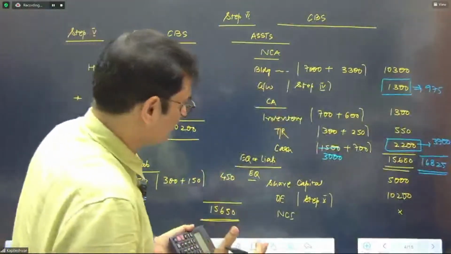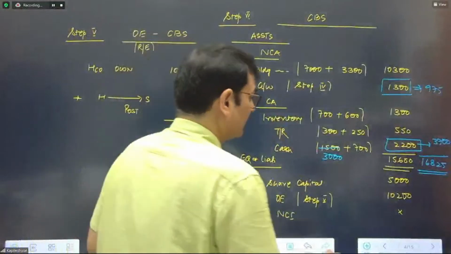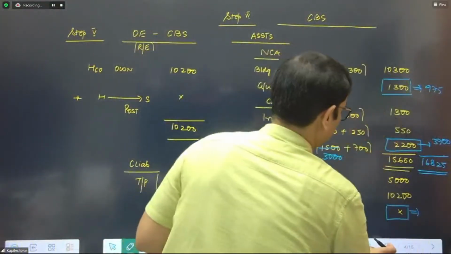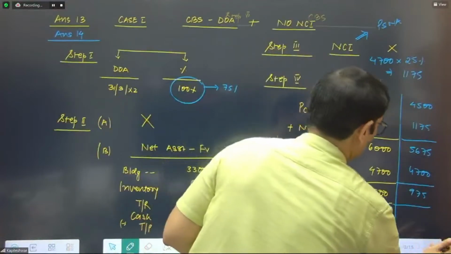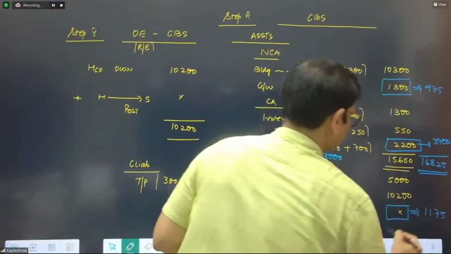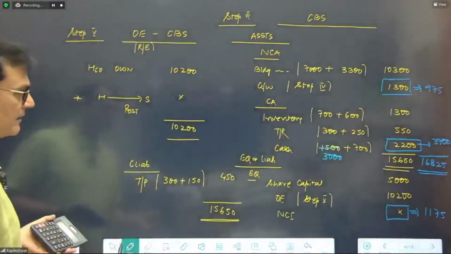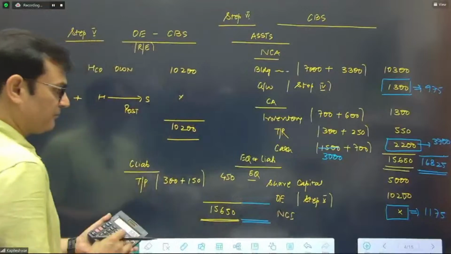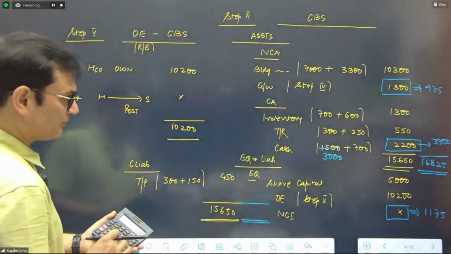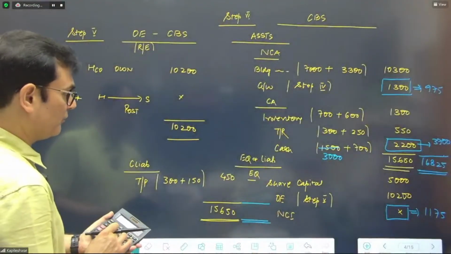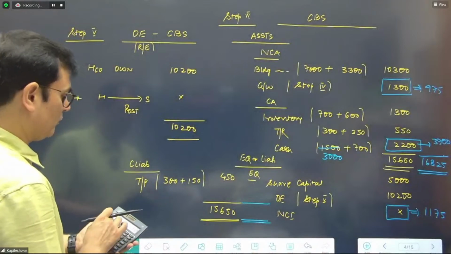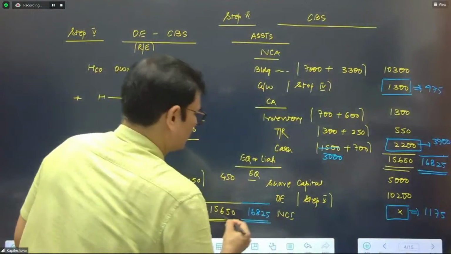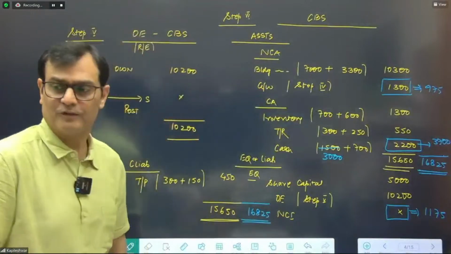Share capital continues to be the same, other equity is the same, but NCI is now entered. And the NCI we computed was 1,175. And I guess that's it. Let's see if the total of the balance sheet is also matching. So 5,000 plus 10,200 plus 450 plus 1,175. Yes, it's a perfect match. 16,825 is the total of the balance sheet.